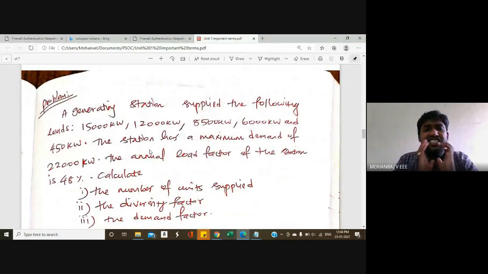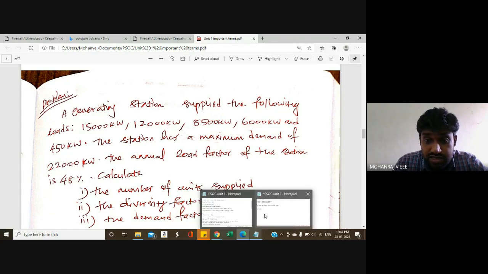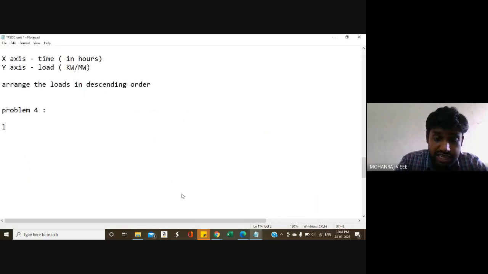Problem. A generating station supplied the following loads. So what are the loads? Say the first load, load 1.